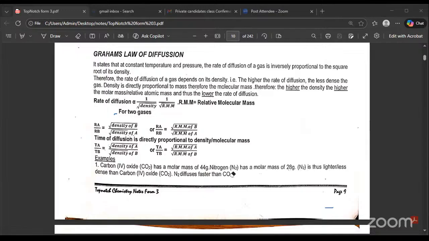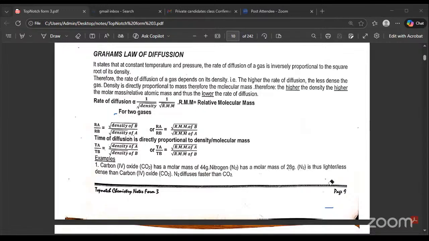So it is very important for you to know how to write the chemical formula. And the chemical formula is done, I think in form 2, the first topic of form 1, but I think in form 1 we normally touch mostly on the word. So anyway, carbon dioxide gas has a molar mass of 44, nitrogen has a molar mass of 28.